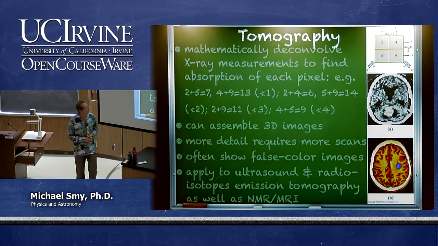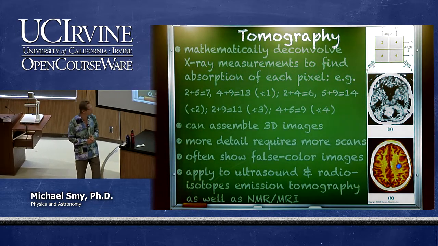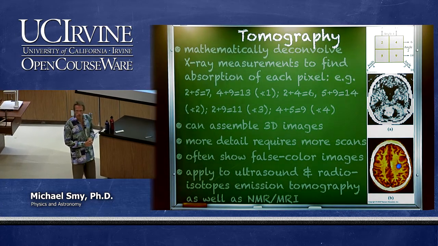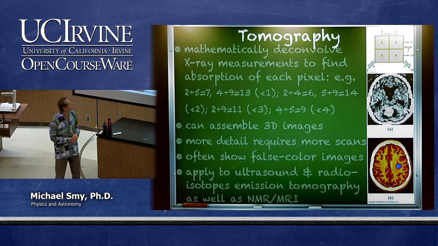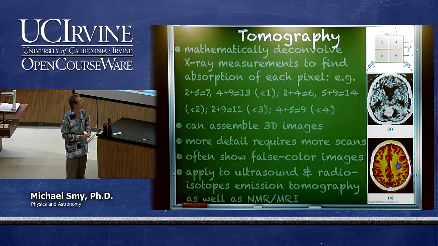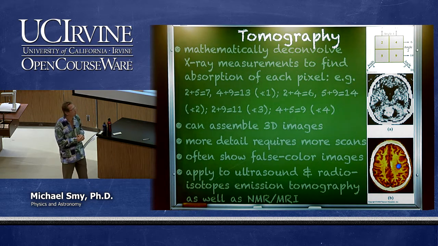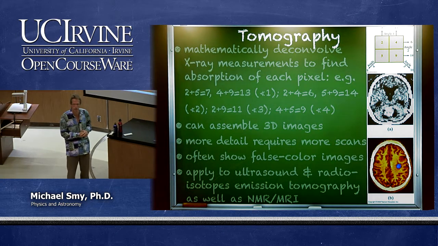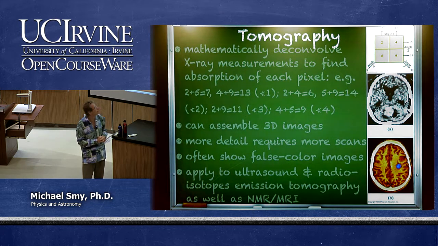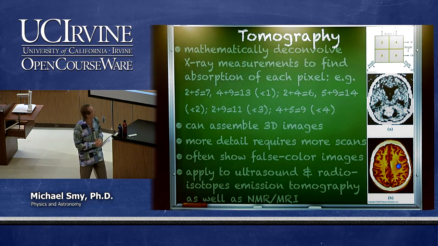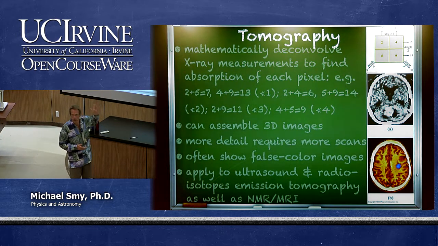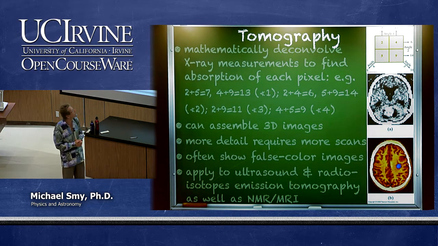The analysis of tomography, how to generate the picture, is mathematically somewhat involved. However, the principle is relatively easy. You logically define pixels for your image, meaning square pieces of the body from which you want to determine how much X-rays were absorbed by this particular pixel. But the measurements you have are projections on various axes. So let's say we have the absorptions 2, 4, 5, and 9 for 4 pixels, and we take 4 angles.